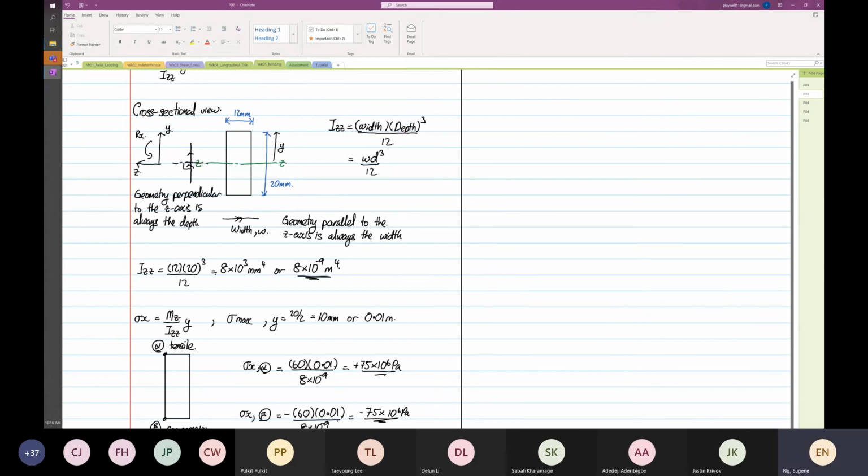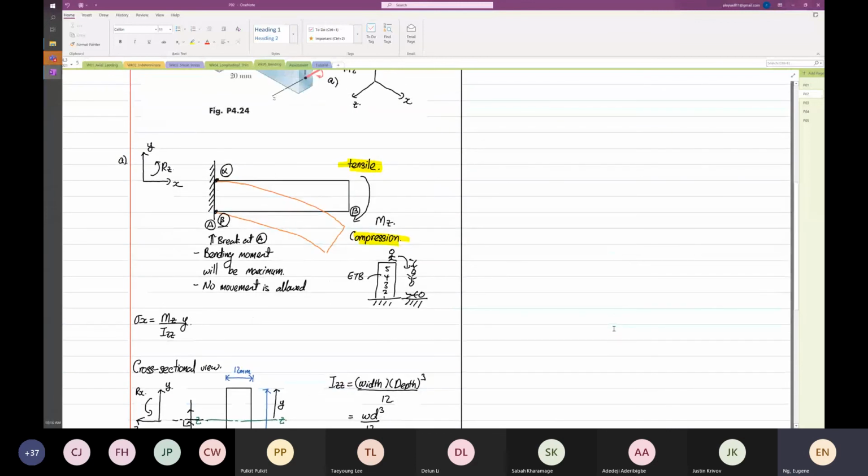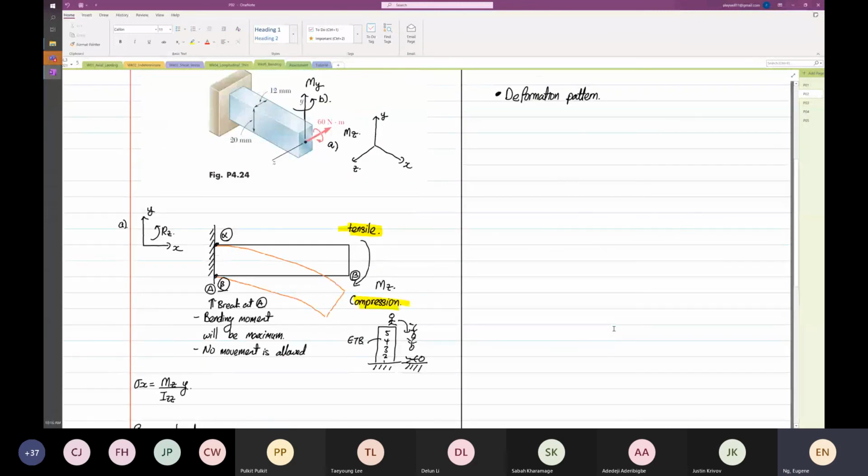Right, so now I'm going to do part B. Let me get you a view so that you can see what I'm writing. This is side by side, so you can compare.